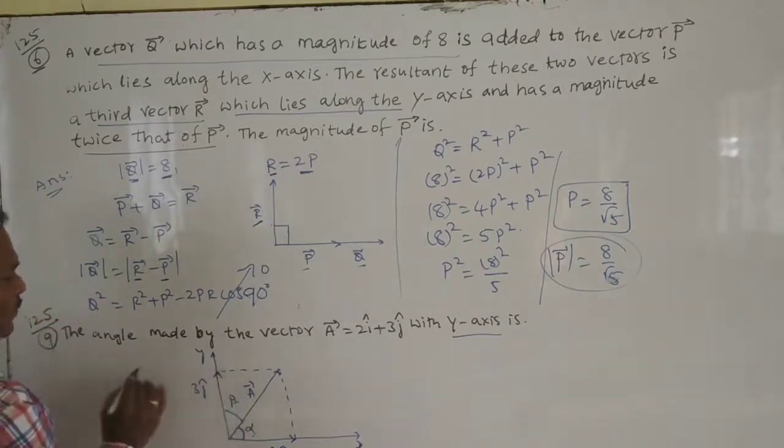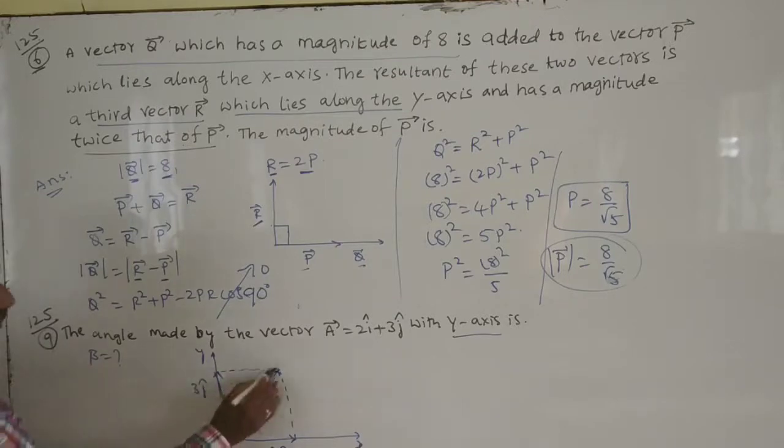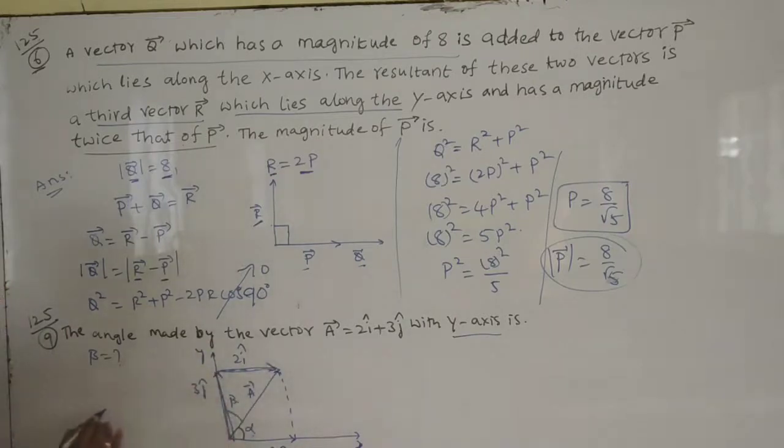Now we are going to find its beta. So we take this triangle. This is also 2i cap because it's a displaced vector. So now tan beta equals opposite side, how much? 2. What is the adjacent side? Magnitude 3.